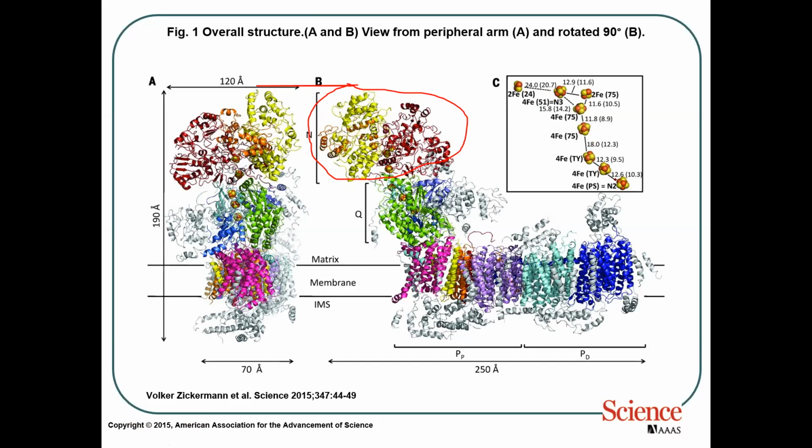These iron sulfur centers are eventually going to take the electrons in this fashion here, through here, around here, to there, over there. And then it says Q, and it turns out this area right here, that is the ubiquinone binding center, right there.